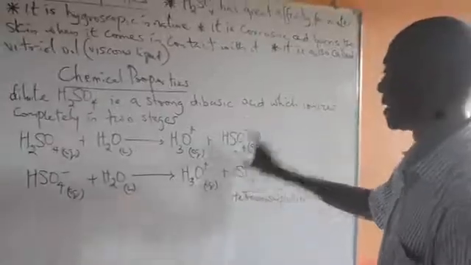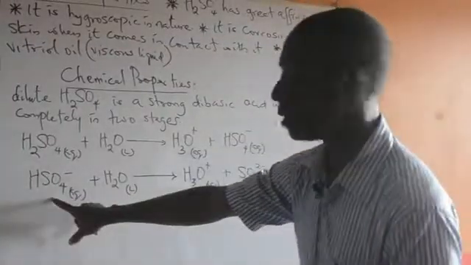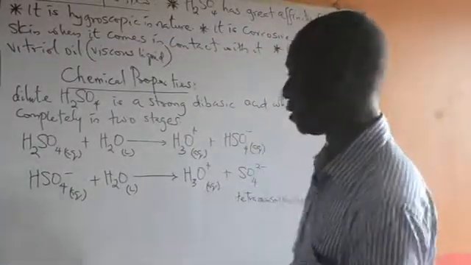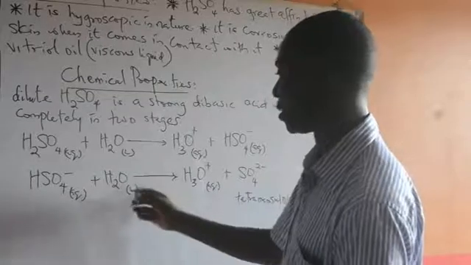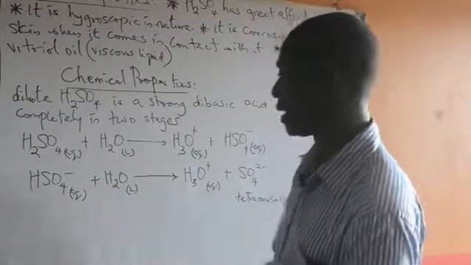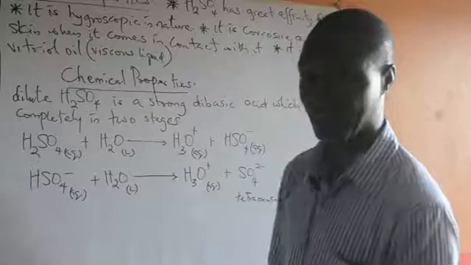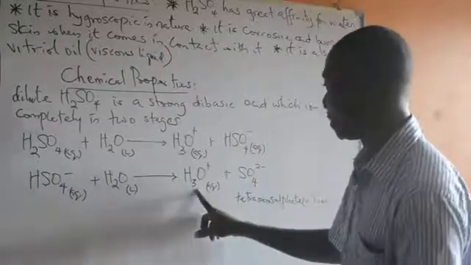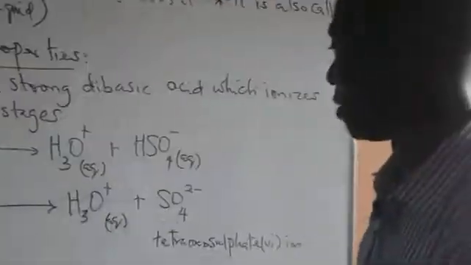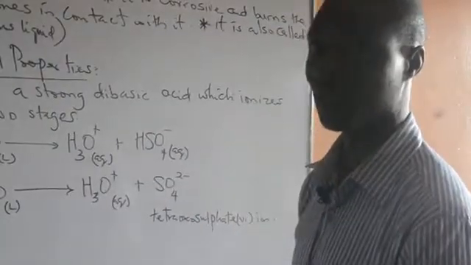So it does not end there. This last product now comes in to end the last stage of ionization by engaging again with a water molecule, which is the final stage of the ionization, to form H3O+ hydronium ion with the formation of the tetraoxosulphate ion, SO4 2-.